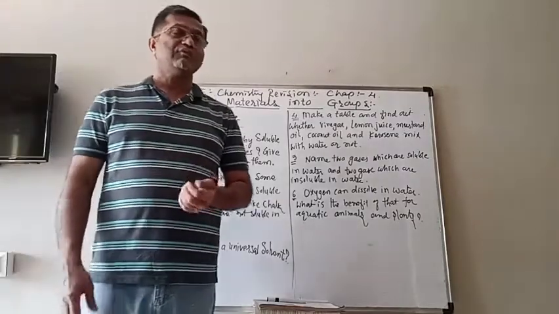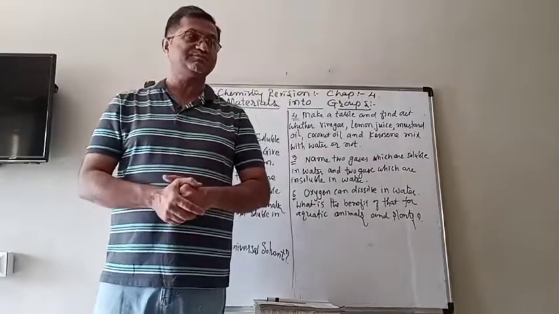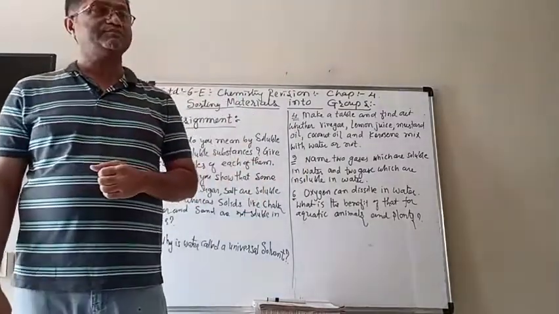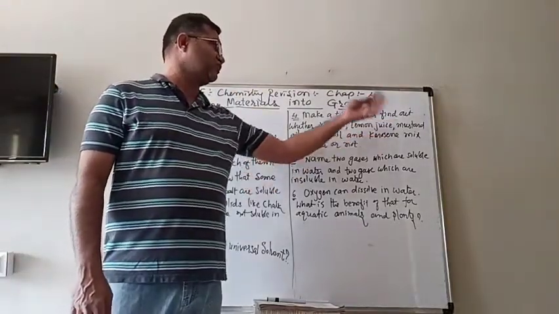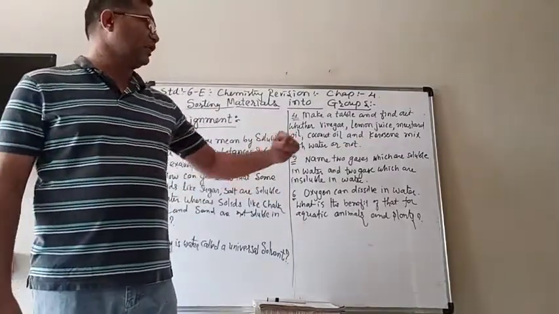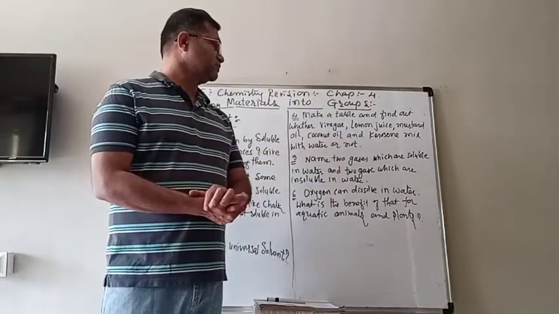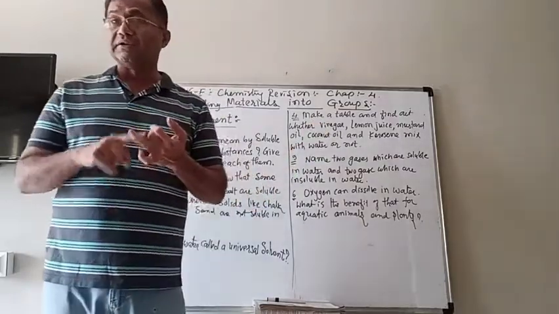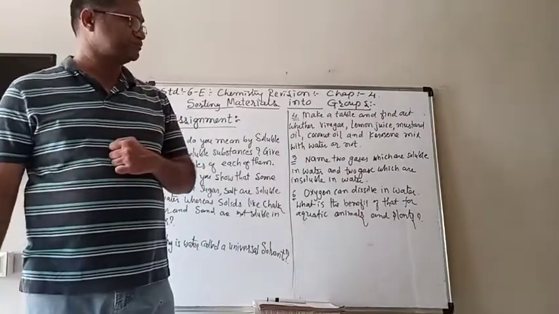When they get steady, you can see the layers properly. On the top there will be the coconut oil or the kerosene or the mustard oil, and down there will be a layer of the water. So that is the thing that we learn, that some liquids get dissolved in water.